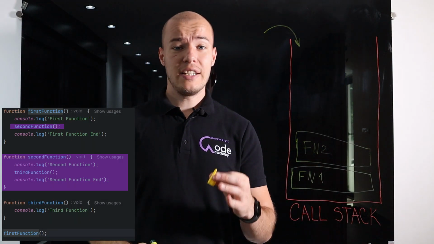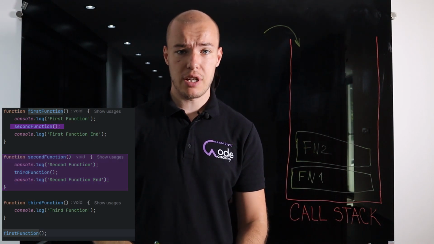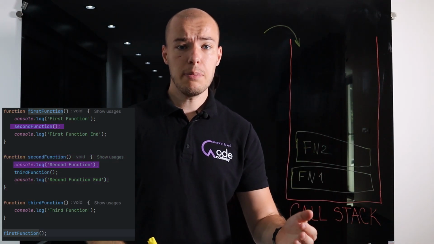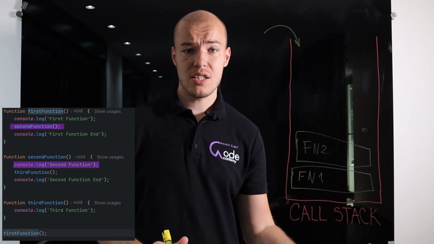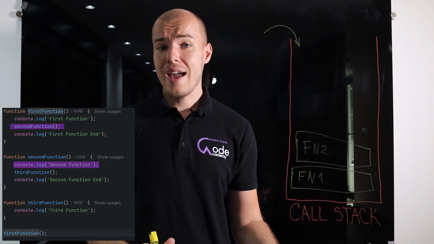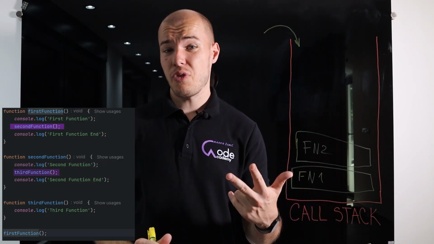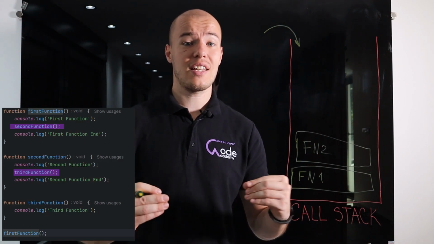So now when that happens, the second function will start executing. This will mean that its first console log will be executed, and we will receive second function message in our console. And once that is done, we're invoking the third function. So the same exact thing is happening once again.